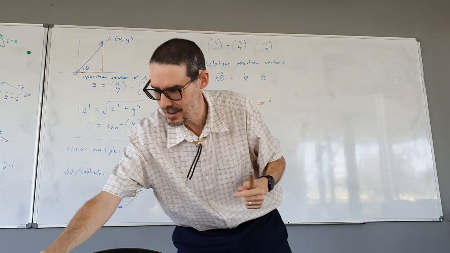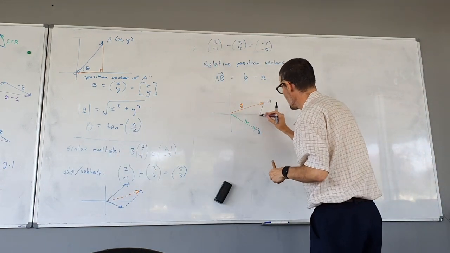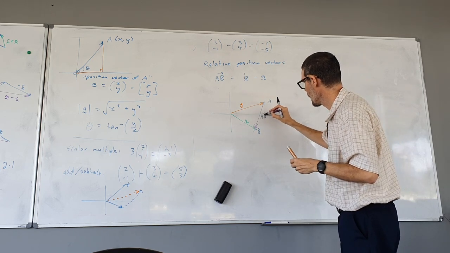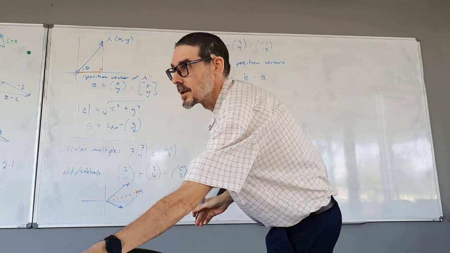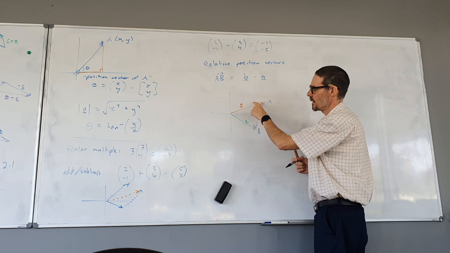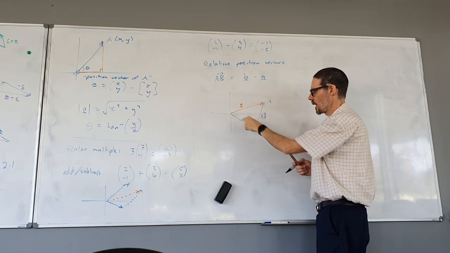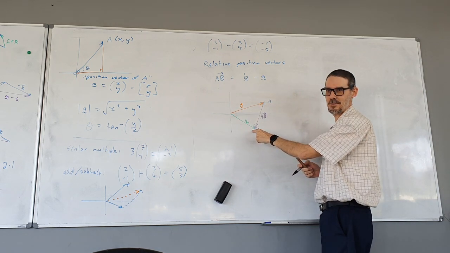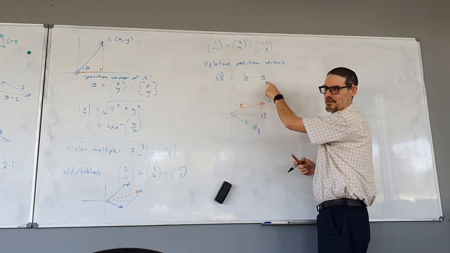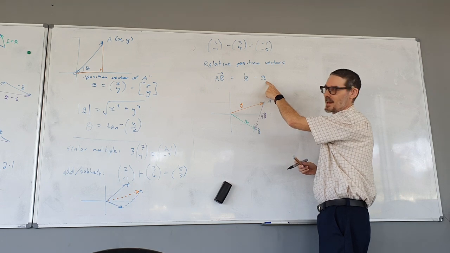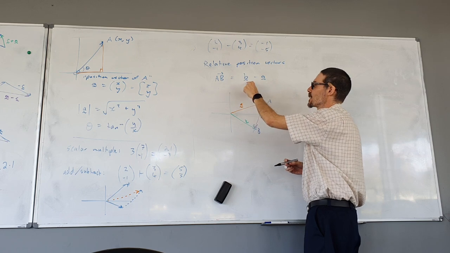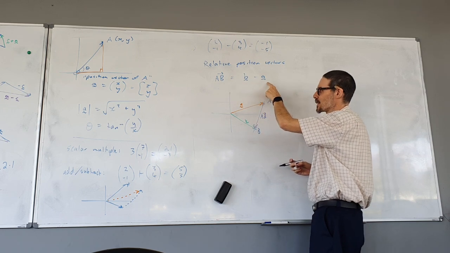Now, think about the vector AB. To get from A to B, I could go negative A plus B. So the vector from point A to point B is the position vector of the finish minus the position vector of the start.